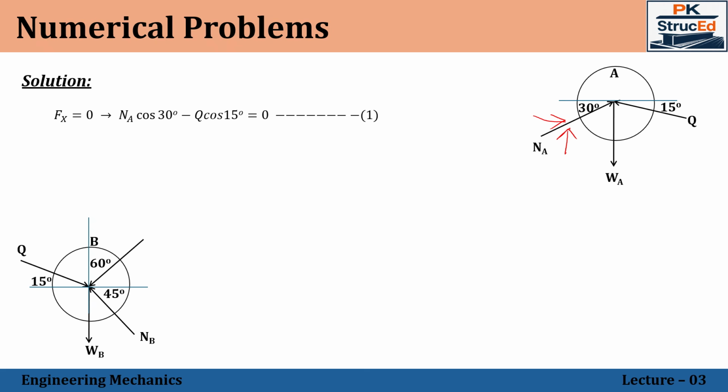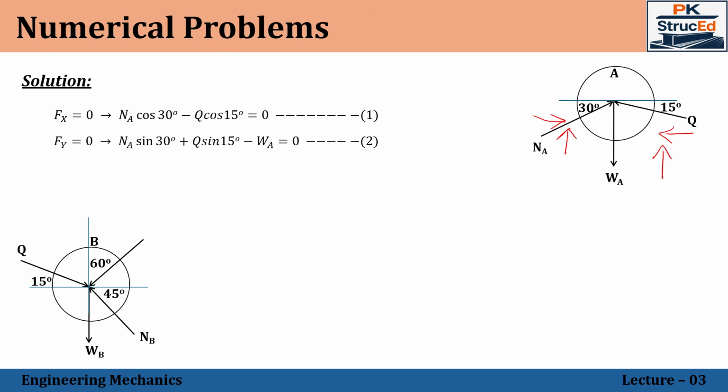Similarly, Q is also an inclined force; its x component will be negative and its y component positive, again with the angle given with respect to the x-axis. So we have NA cos 30 minus Q cos 15 equal to 0. Let it be equation number 1.